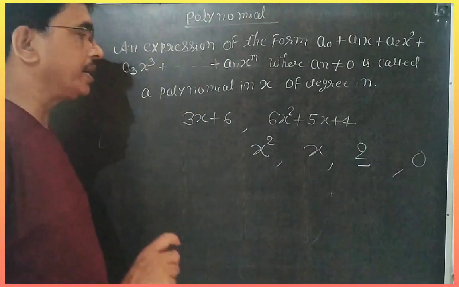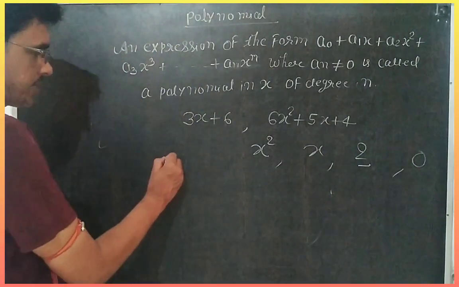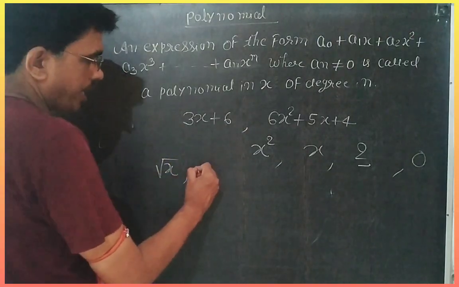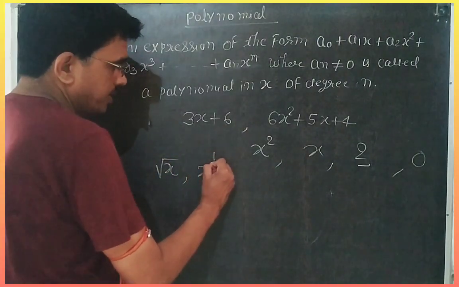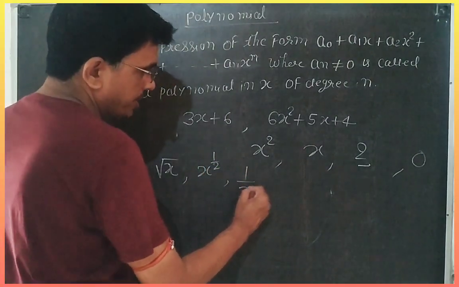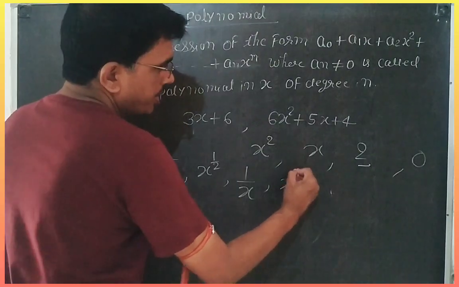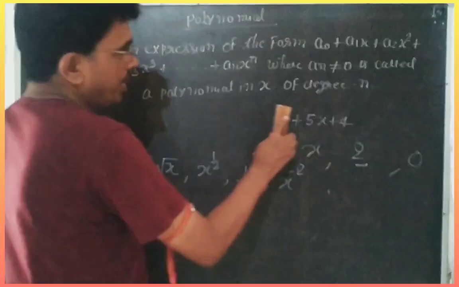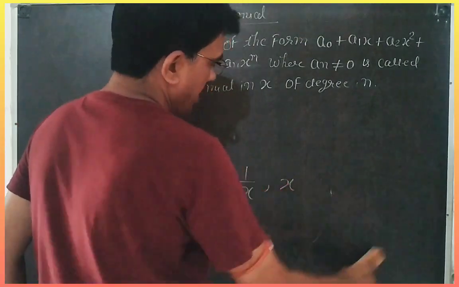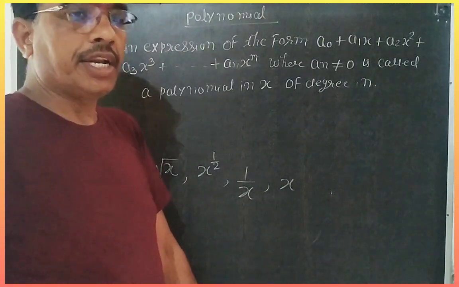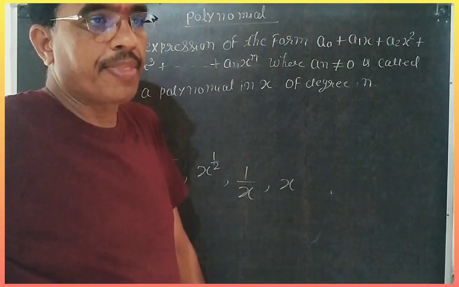Here the only condition is that the variable term of x is never in the form of roots. The degree of x is not a fraction, not in reciprocal form, and not negative.